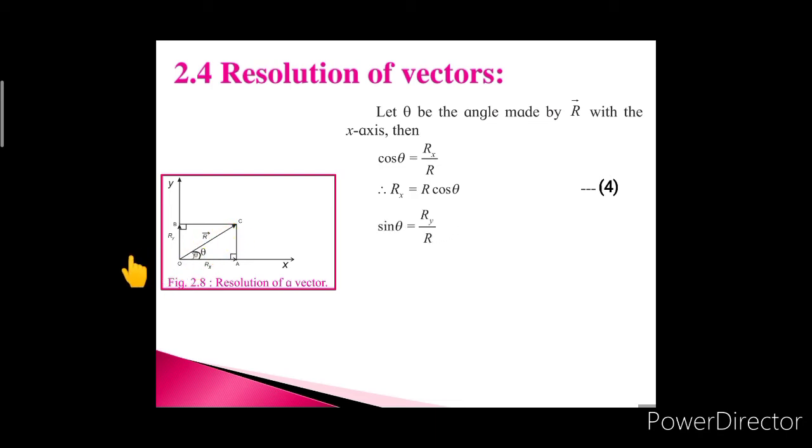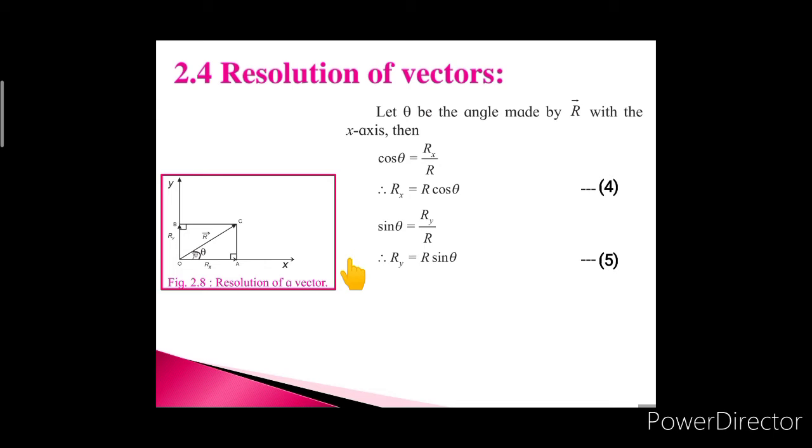Hence we can write sin theta as the magnitude of vector AC, which is equal to the magnitude of vector OB, which is equal to Ry, and the magnitude of vector OC is R. So sin theta is Ry upon R, and by using this we can write the value of Ry, which is R sin theta. Ry is R into sin theta. Give it equation number 5.